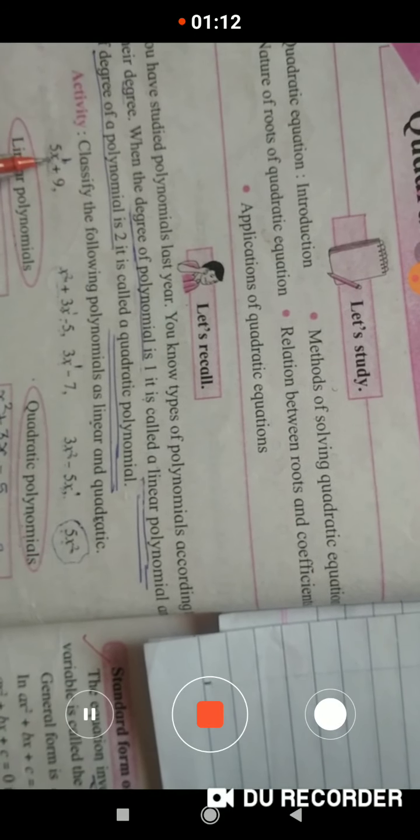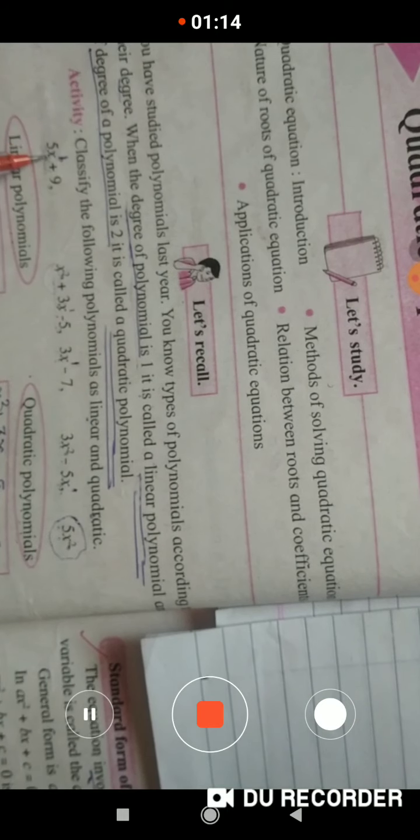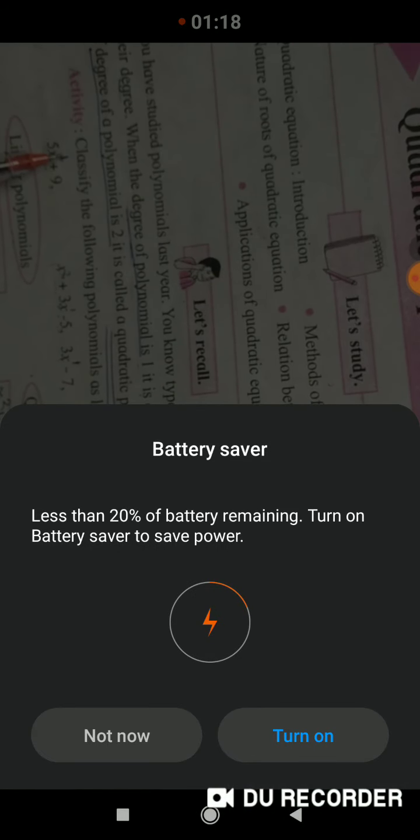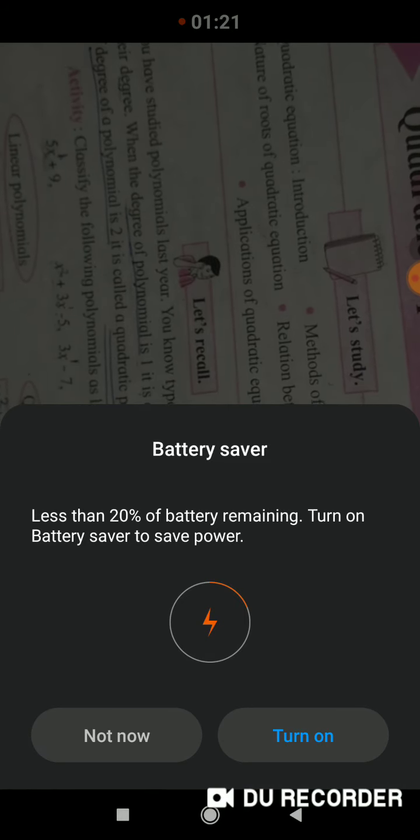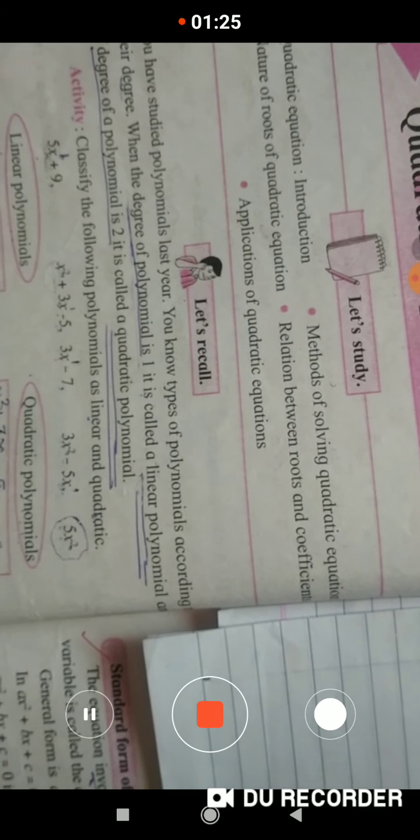Now see, in the first polynomial 5x plus 9, the degree of the polynomial is 1, therefore it is called a linear polynomial.